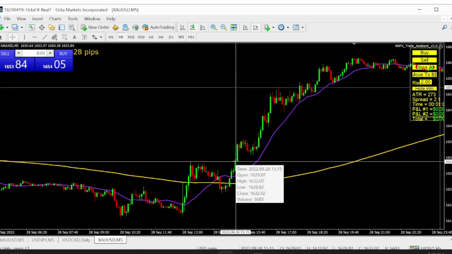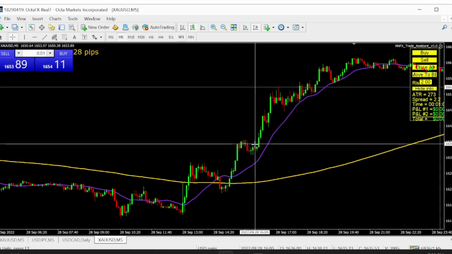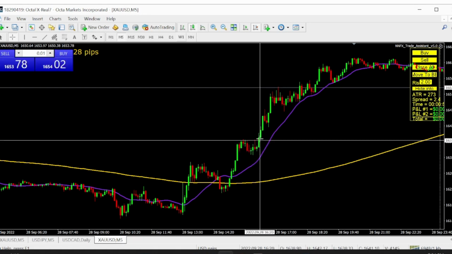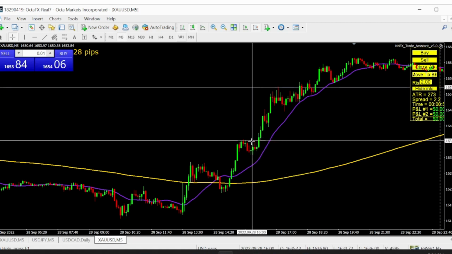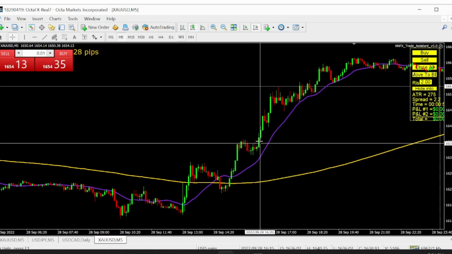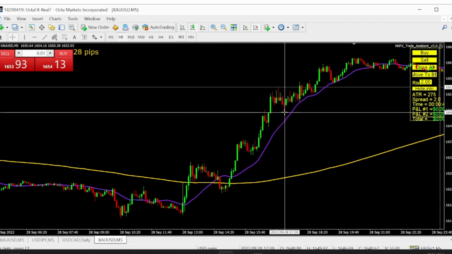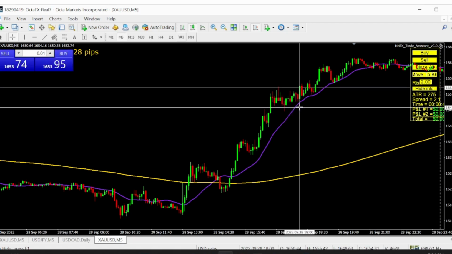Alright. Here we meet another criteria, that is red bar ignored. A red bar formed and this green bar came and overtook this red bar. So we meet criteria number 3. Now here you meet the bottoming tail bar. Okay, you see this candle?